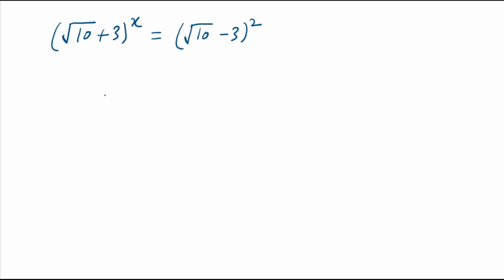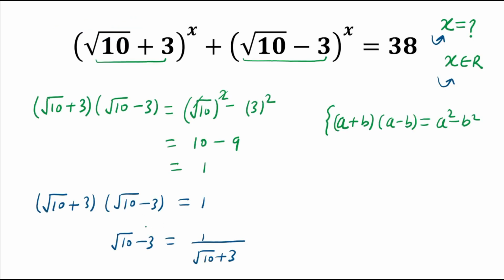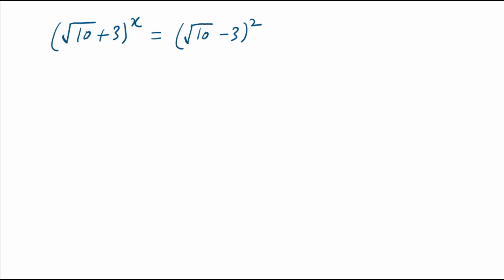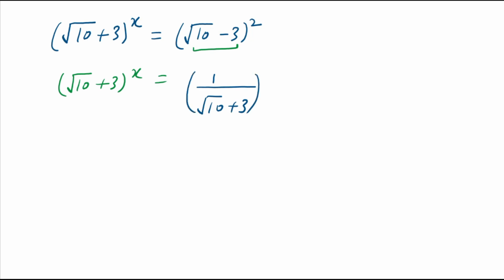And we know that square root of 10 minus 3 is equal to 1 over (square root of 10 plus 3). So (square root of 10 plus 3) to the power x is equal to this expression, which is the same as (1 over (square root of 10 plus 3)) to the power 2.